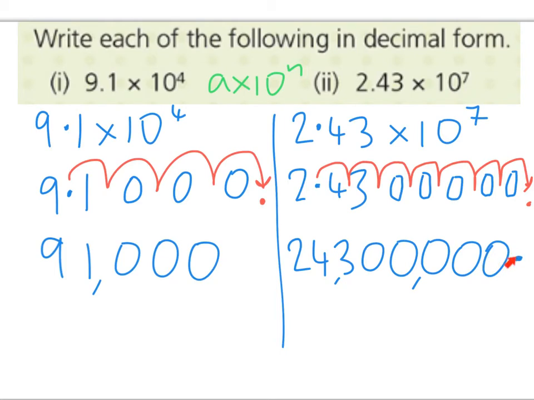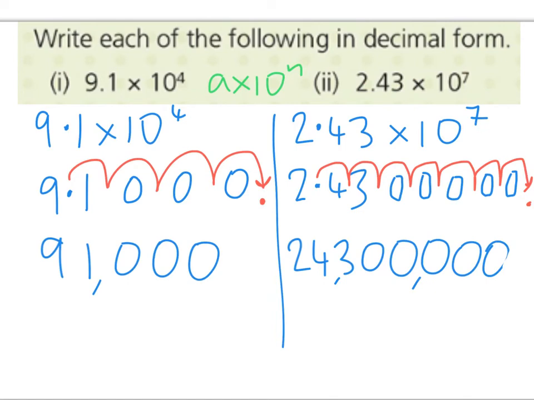I start at the very right and I move backwards by 3 digits, and I move backwards by another 3 digits to put in my commas. So I have 24,300,000. I'm actually going to rub out this decimal point here because it doesn't make sense to say 24,300,000 point nothing. So I was asked to write 2.43 times 10 to the power of 7 in decimal form, and I got 24,300,000.